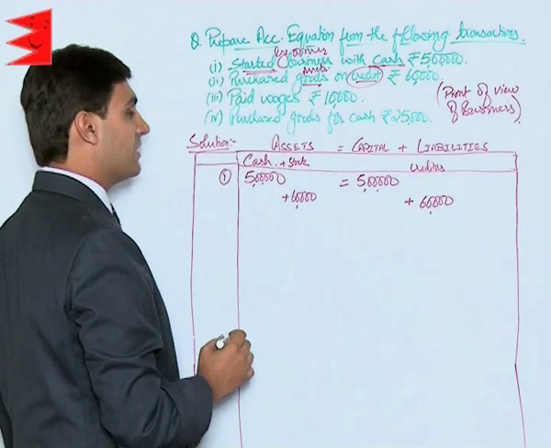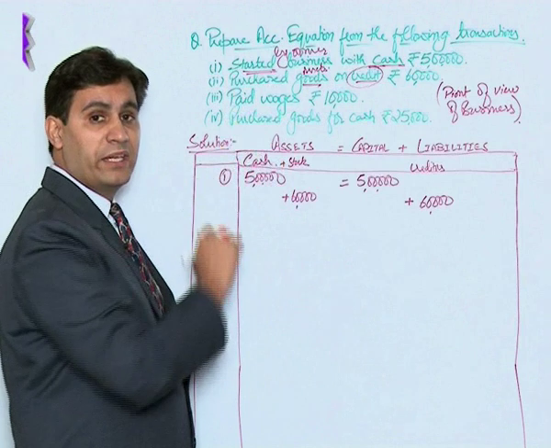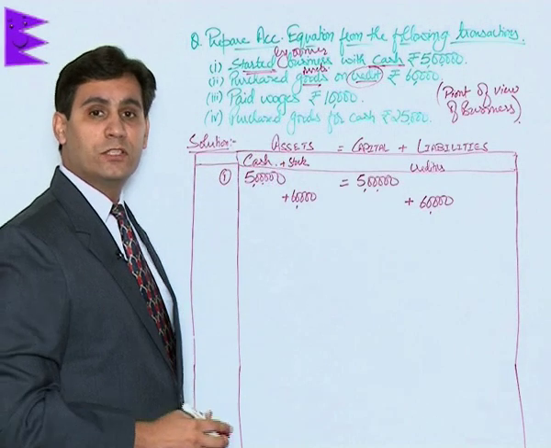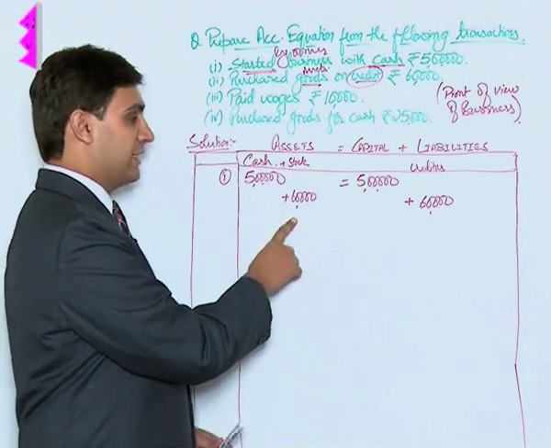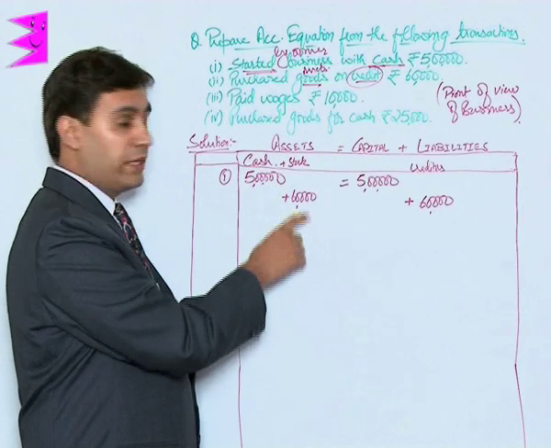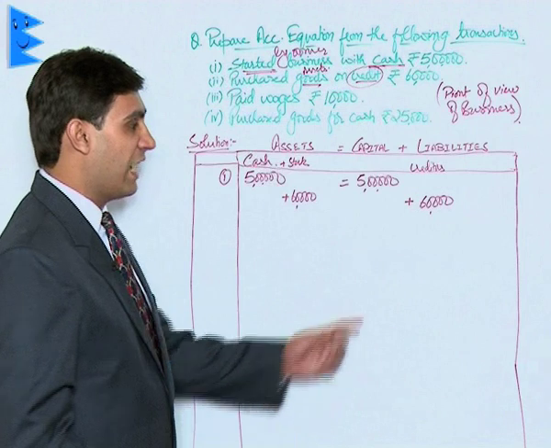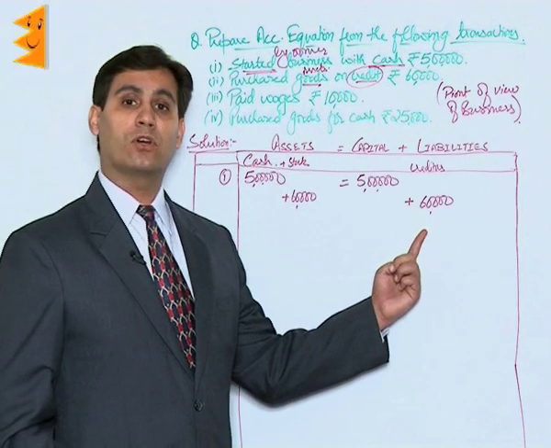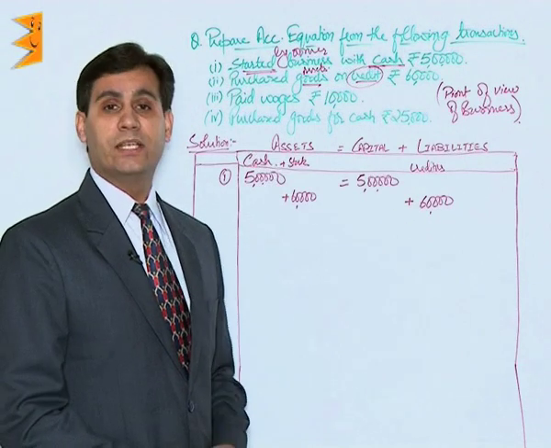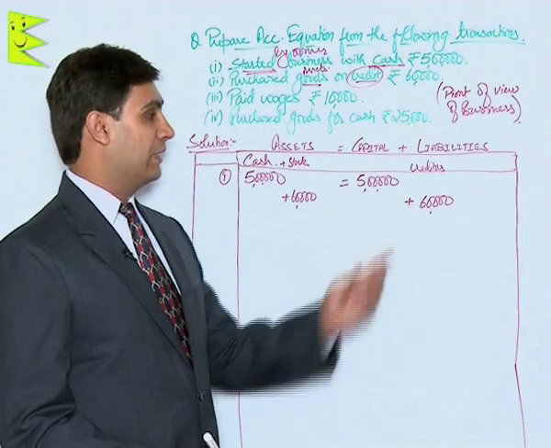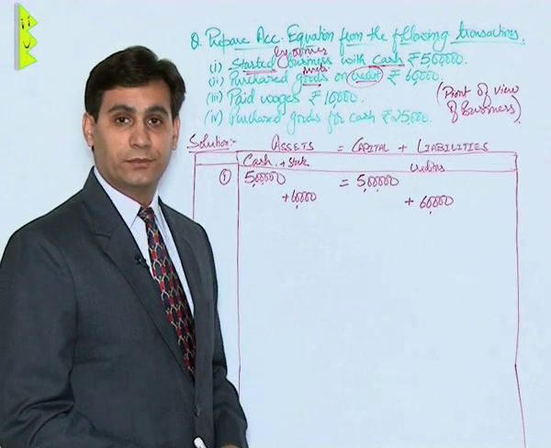Now students, what is the double effect of this transaction? Let us repeat it. We have purchased goods worth rupees 60,000. So there is an increase under the asset column in the category of stock by rupees 60,000. Plus we have to pay an amount of 60,000. So correspondingly our liabilities have increased and they will be under the category of creditors.